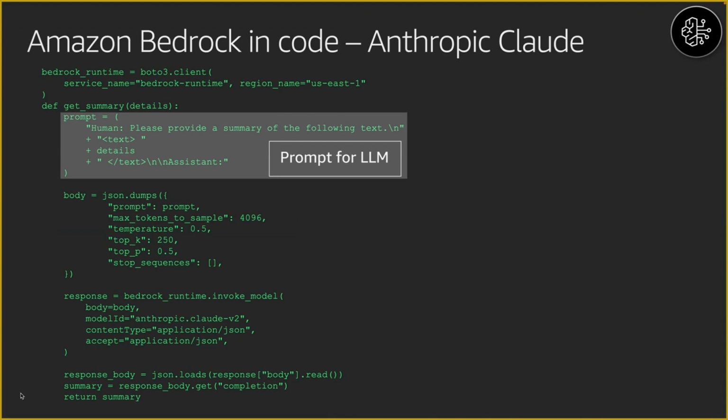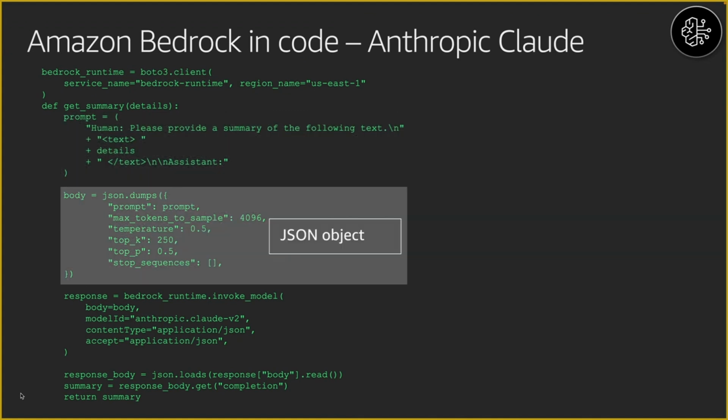So you say, please provide a summary of the following text, and you're passing in some sort of text value here. You have to take that text and create the body, which has to be in the form of a JSON object. There are some elements you have to provide in the JSON object, like stop sequences, top P, top K, and so forth. But that is then that prompt.